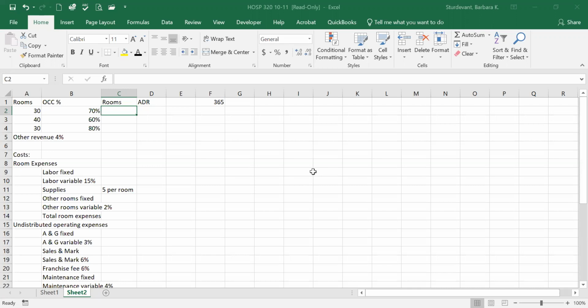And so what they've done is they've broken down the number of rooms for us. So this is a per day thing. So per day, singles 30, doubles 40, suites 30. They gave us the occupancy percentage, which was 70, 60, 80. And they gave us the ADR, which I took out here.